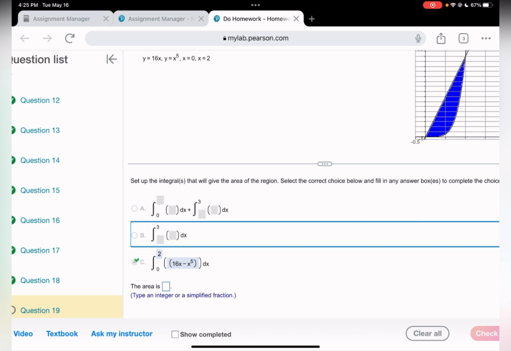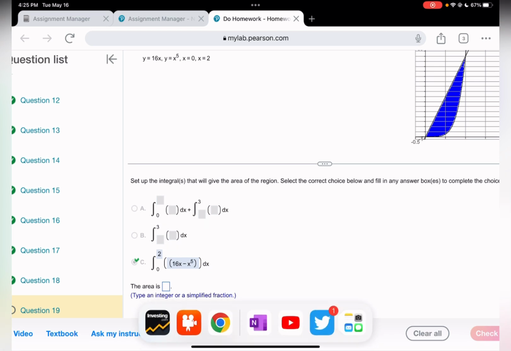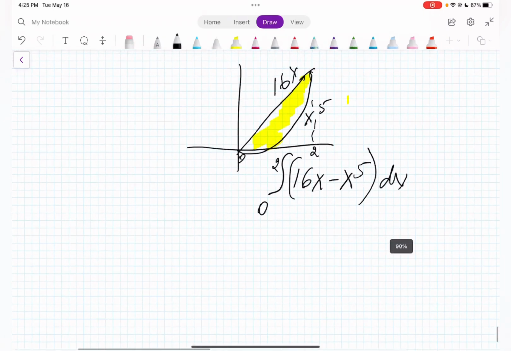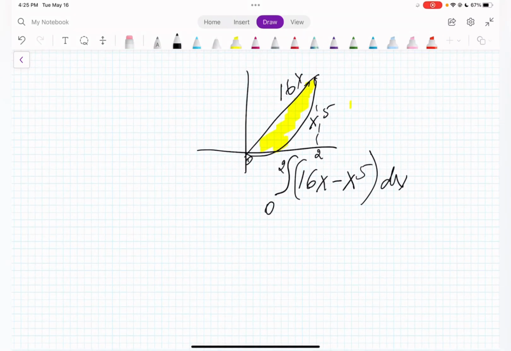So now we need to find the area, which means what do we have to do? We need to solve it. Let's solve this one. So from 0 to 2, 16x minus x to 5 dx.